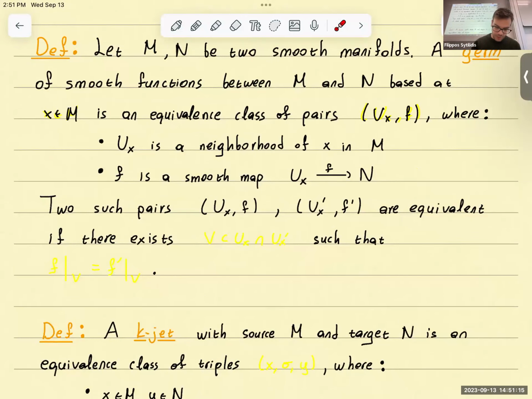Two such pairs will be equivalent if there exists some open subset V of the intersection such that F restricted to V is equal to F prime restricted to V. So I guess the idea is that you only want to keep track of what the function does in the neighborhood of your point. In fact, you don't even require the function to be defined away from a neighborhood of your point.